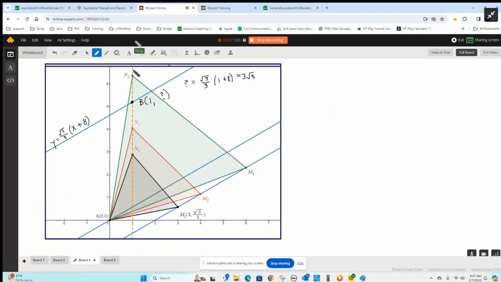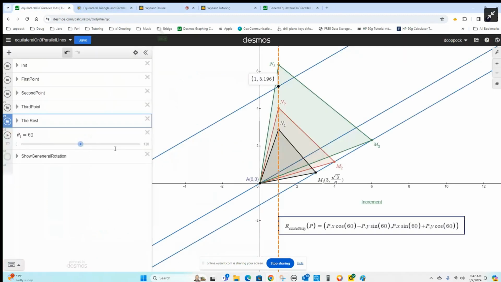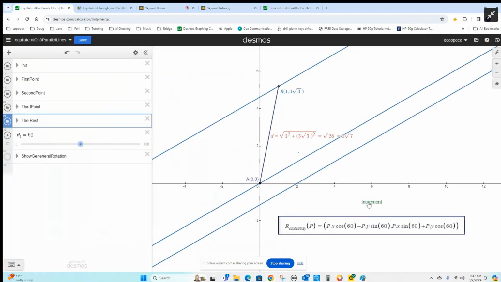Okay, so here's what we've got. We've rotated 3 different points on this bottom line about the origin. A is 0, 0. And we want to find out what the y coordinate is for this point right here. Oh, well, let's go back here and increment this one more time.